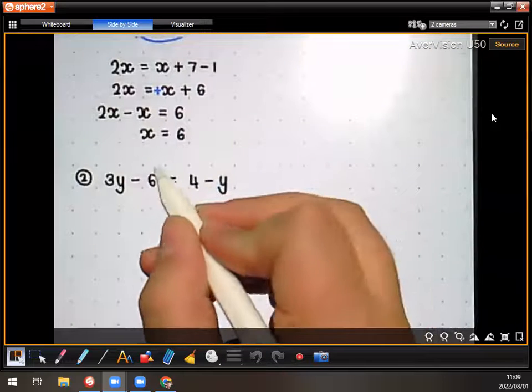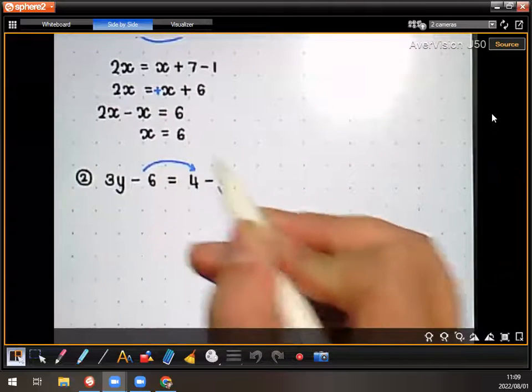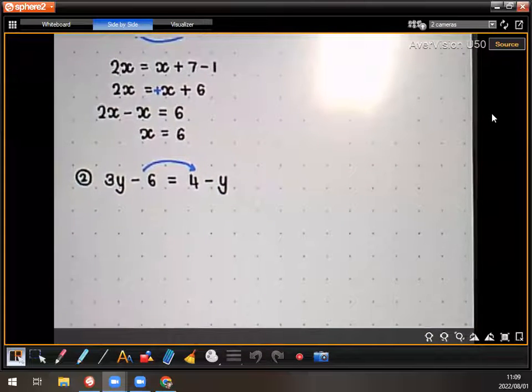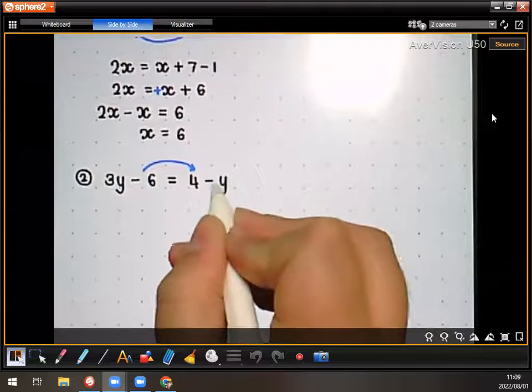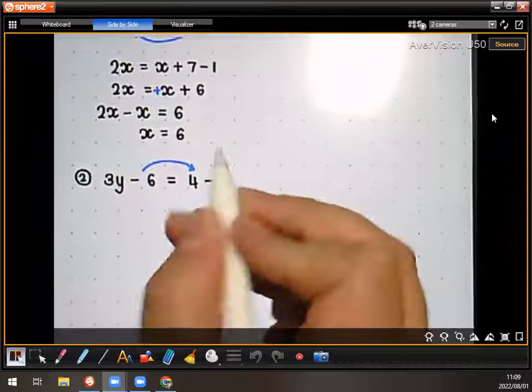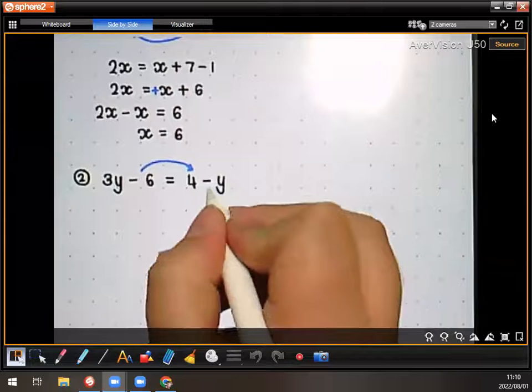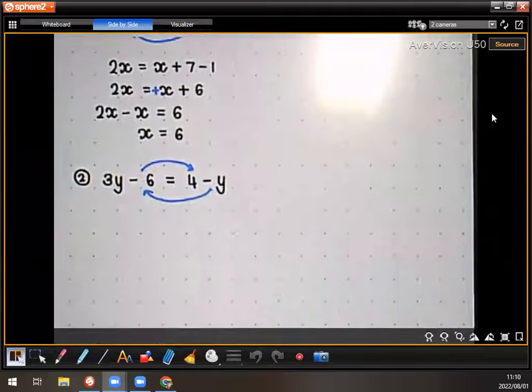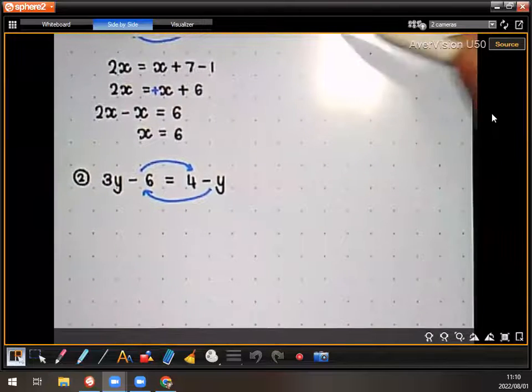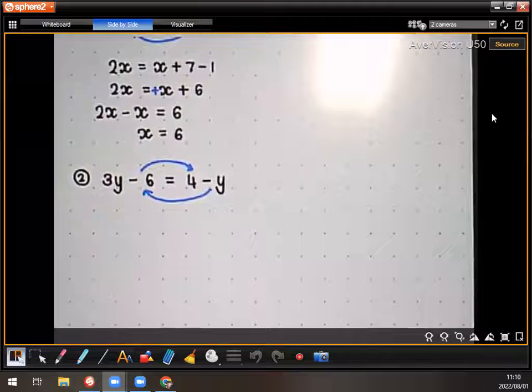Okay, I want to get rid of this minus 6 here, the number is going to the other side, and the minus y on this side. I don't want any y's on the right-hand side. The minus y is going to have to go to this side. So we must do the opposite operations for both of those.